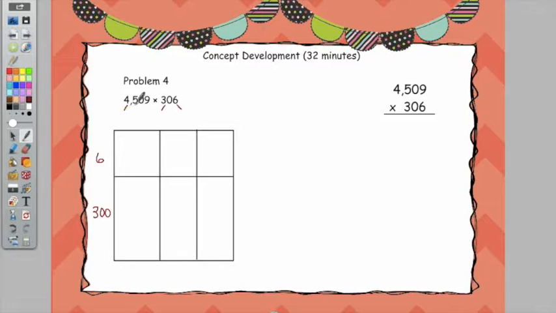Yep. And 4,509. So you'll see some of the same problems again. So do your area model, check it with mine. Wait for me on the standard algorithm, please.